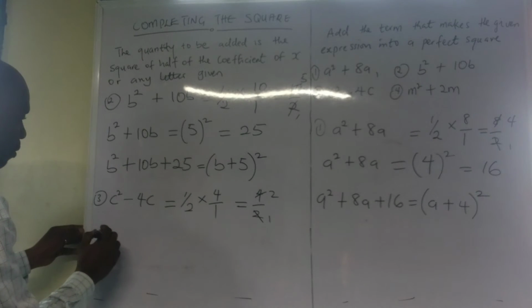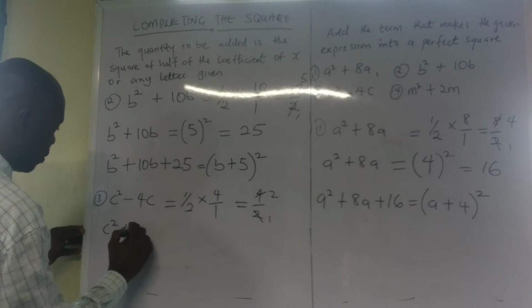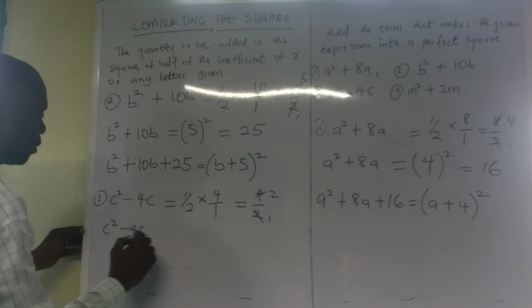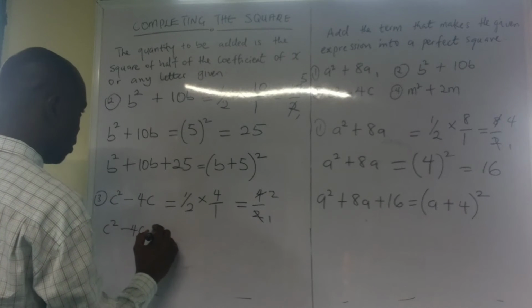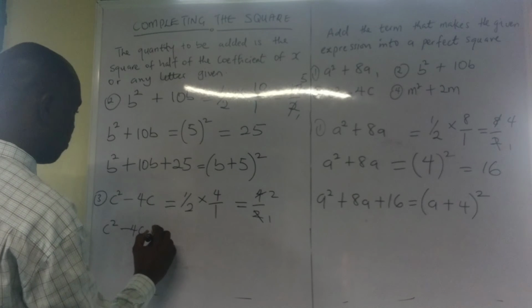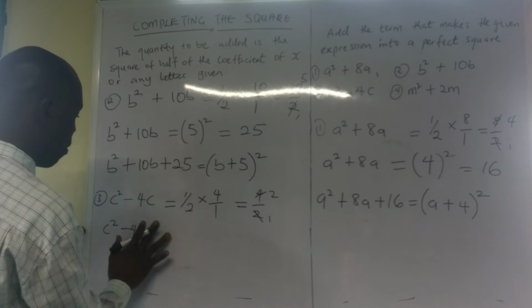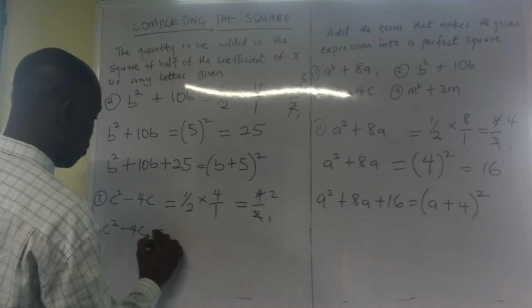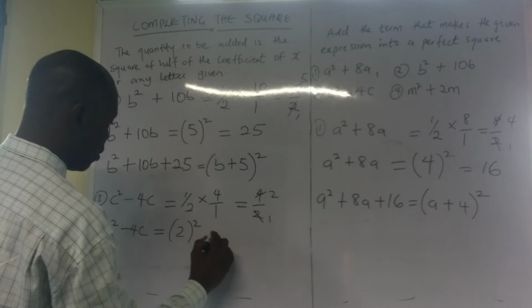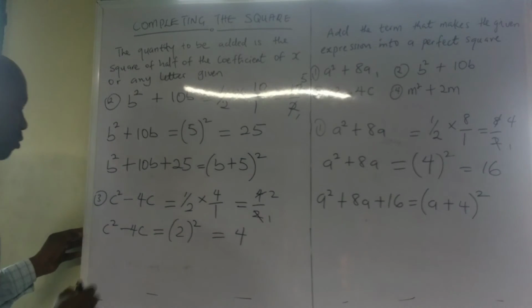So from our next expression, we will now put c^2 minus 4c plus 2. Before we put that plus 2, we will get the power of this one. So it will now be equals 2^2. That will give us 4. That's 2 times 2, 4.